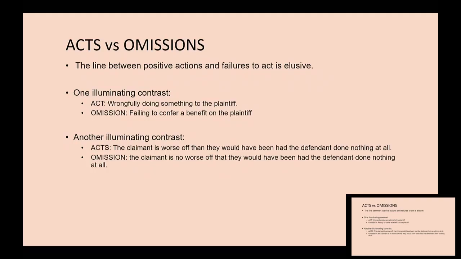Is the claimant worse off than they would have been if the defendant had done nothing at all? In an omission case, the claimant is no worse off than they would have been had the defendant done nothing at all, but the defendant has failed to confer a benefit on the claimant.